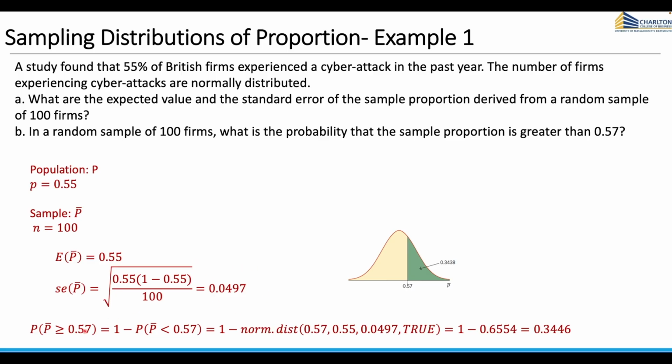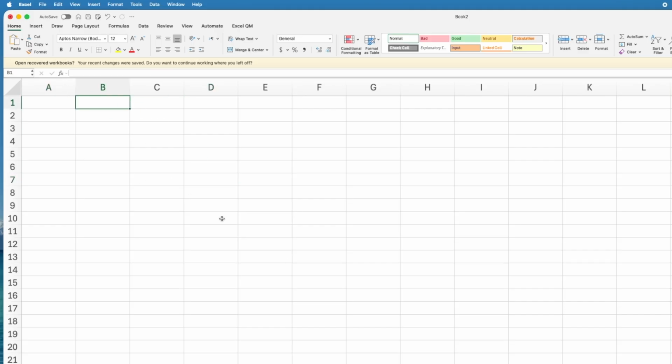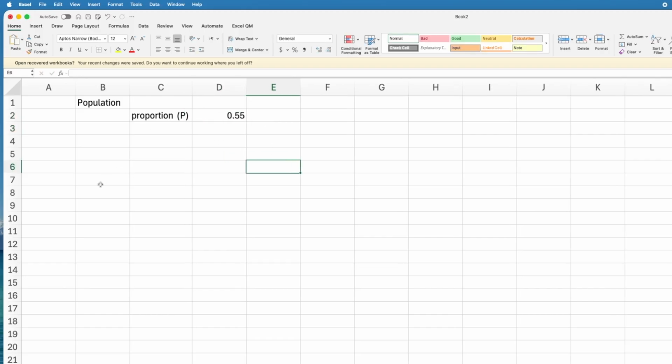So step 3, we can formulate the probability and answer the question. Let's solve this example in Excel. So we have a population. There is one parameter: the proportion of the population is 55%. So this proportion is p, 55%. We take a sample of size n, 100.